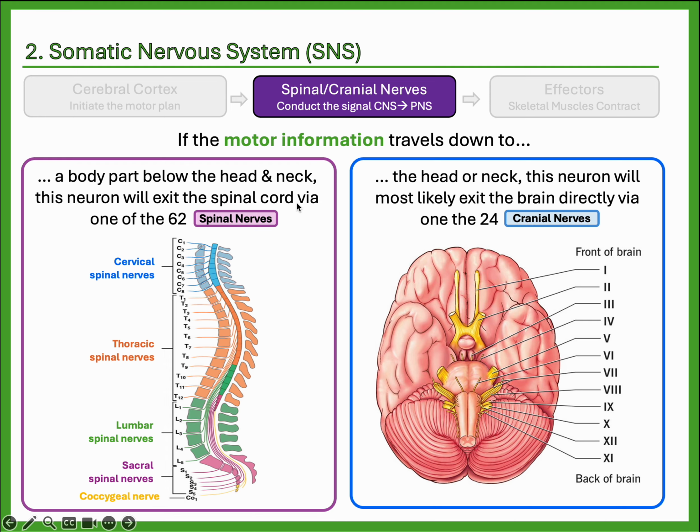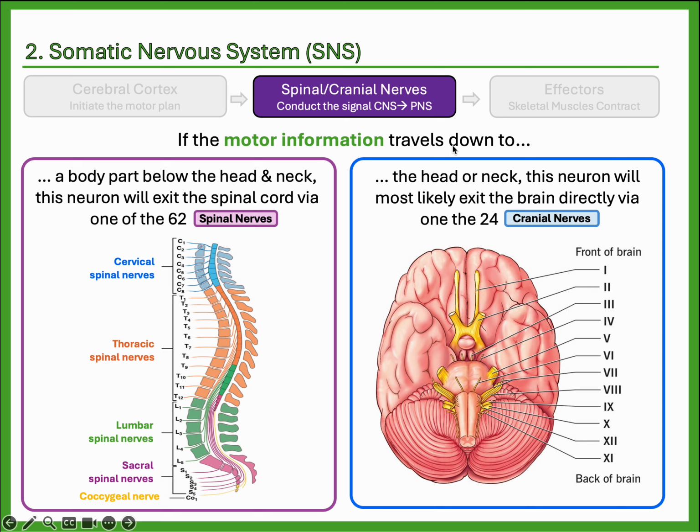This is just like the afferent information, because over here my neurons were coming down, and if they move something below the neck, they'll need to travel down the spinal cord first and then exit. And we have 62 spinal nerves, 31 spinal nerve pairs. So if I'm moving my arm, it won't make sense to exit my neuron out in the brain. I need to go down the spinal cord and then exit out through one of these spinal nerves, okay?